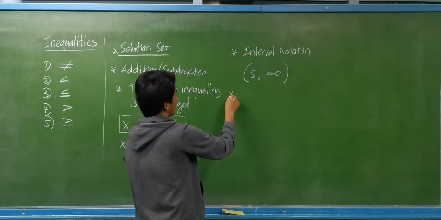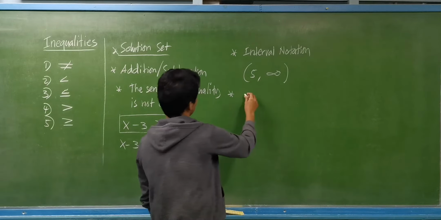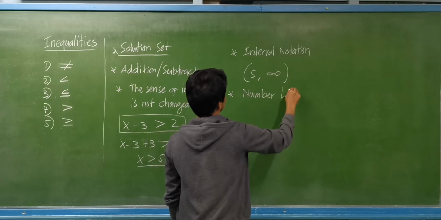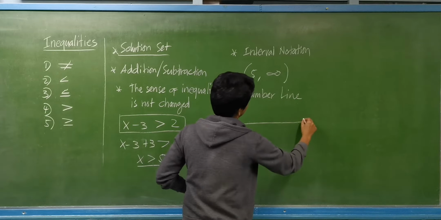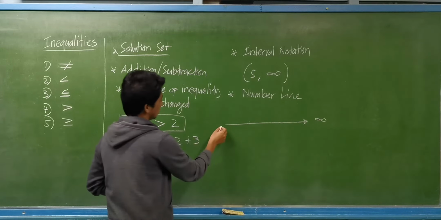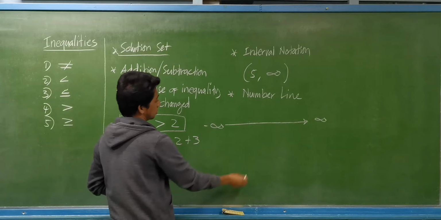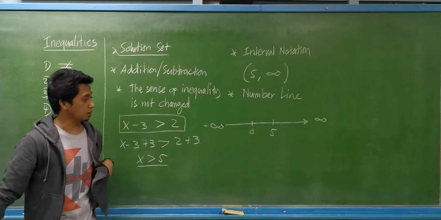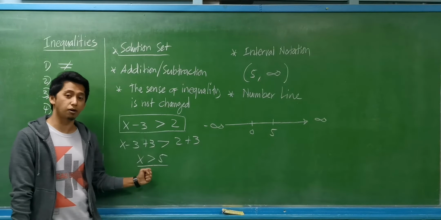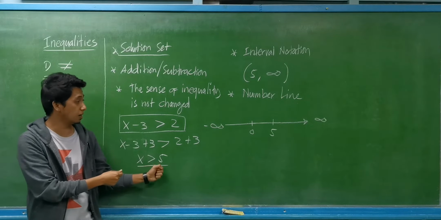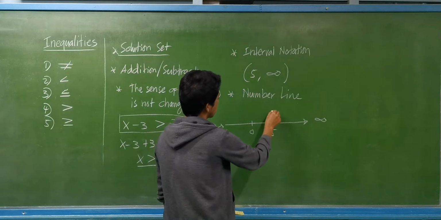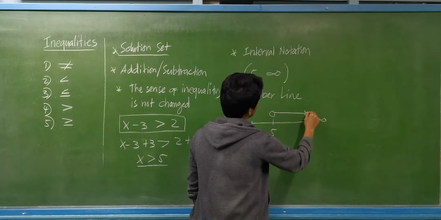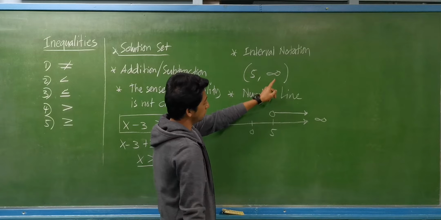The other way to present the solution set is the number line. Again, our solution set is x is greater than 5. We place an open circle on 5, then draw an arrow to the right, towards positive infinity.